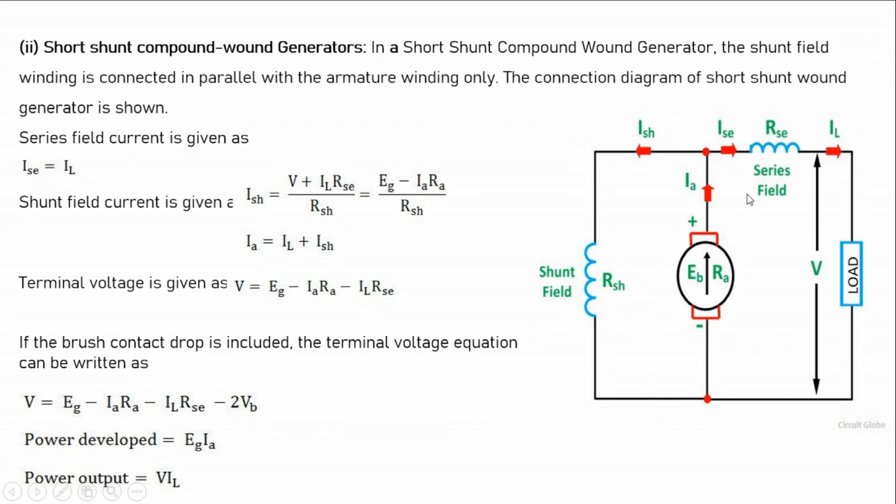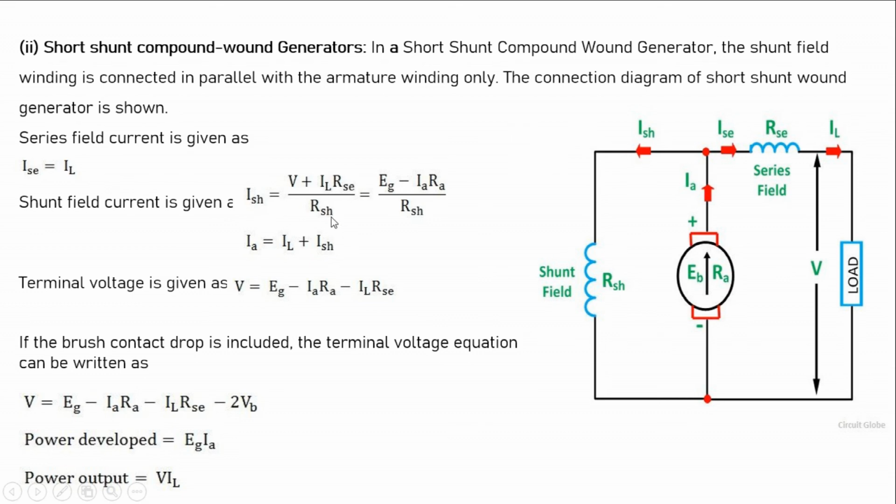The series field winding is in series with the load. That is one difference that you can observe. So here ISC is equal to IL. The series field current is the same as the load current, because this series field winding is in series with the load. Current passing through the series field winding and load are the same, but it is not the same as the armature current.